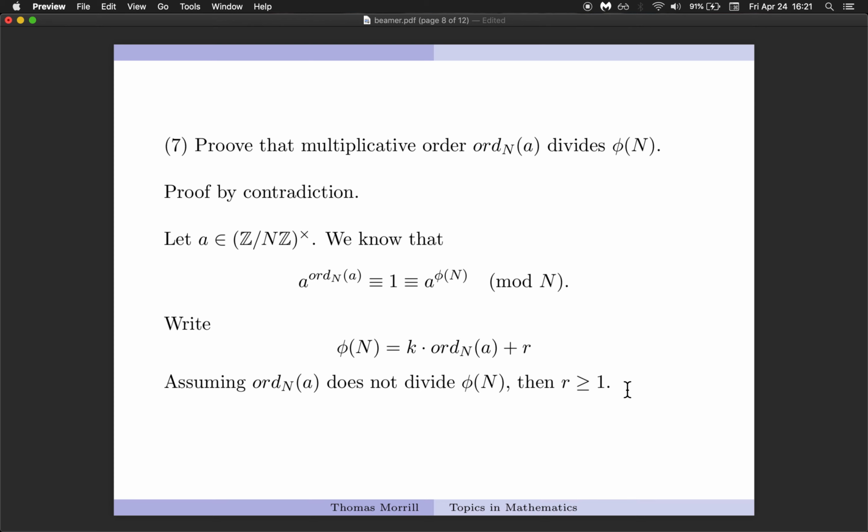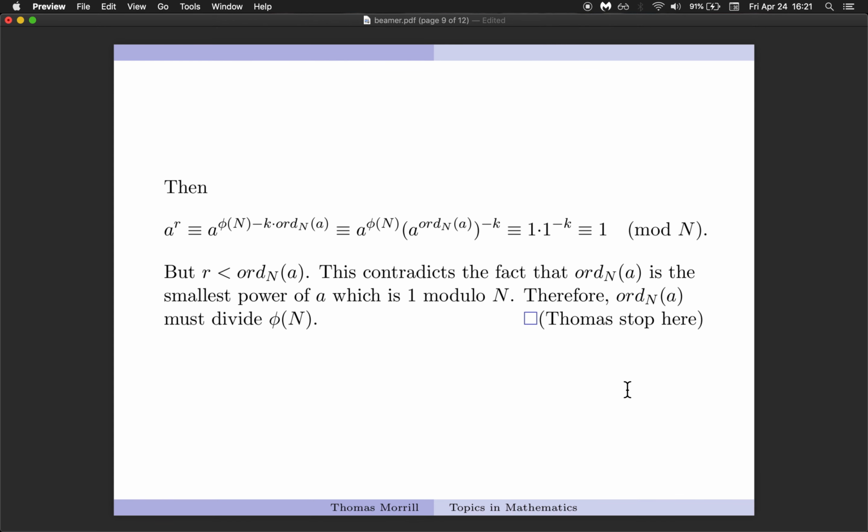So what can I do with r? I can take a to the power r. I know that r is the difference between phi of n and k times the order of a. So I can say that a to this exponent is exactly the same as a to the exponent r. I don't even need to use congruences here.